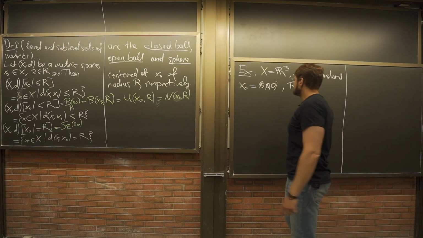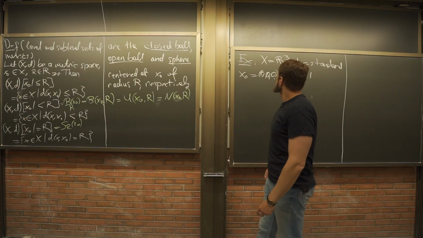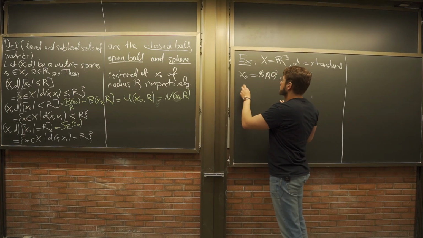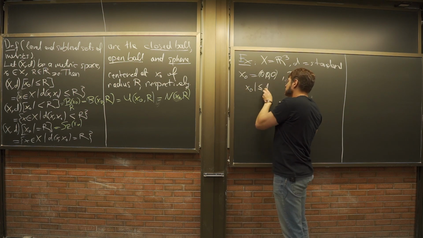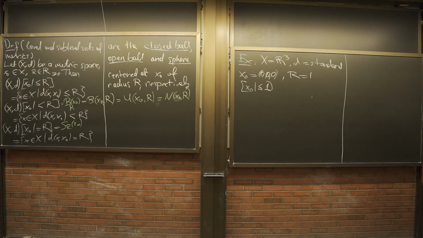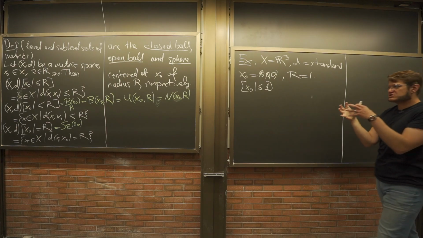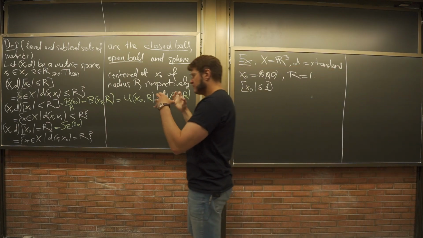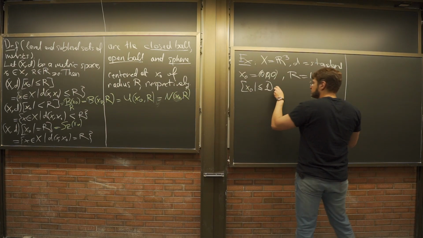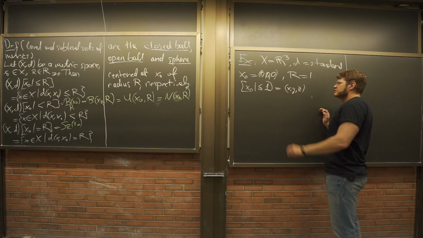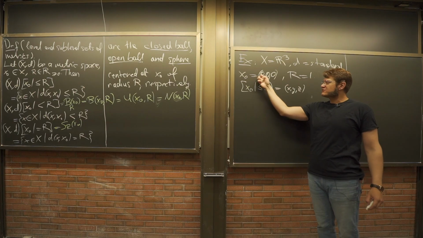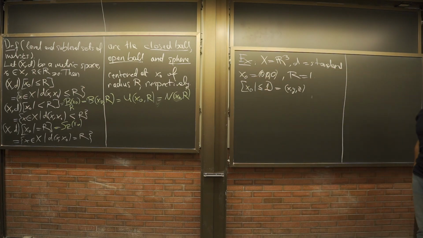Okay, so what does this mean? So x0, let's say, less than or equal to r, close bracket. Okay, this is the 3-dimensional ball of radius 1 centered at the origin. And so this is triples (x, y, z) such that the distance between this and this is bounded from above by 1.